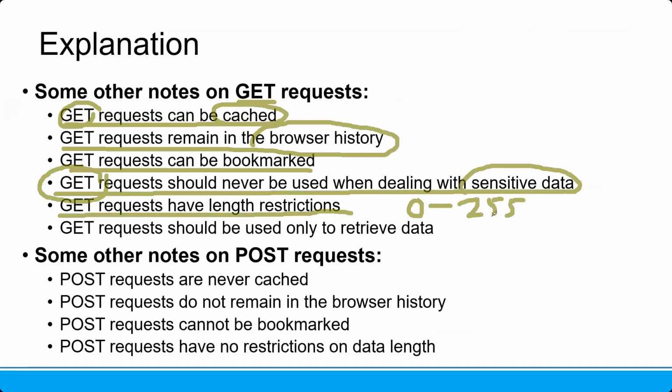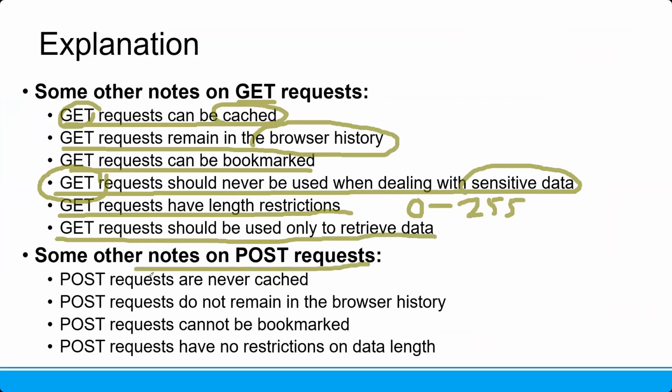But I think it has been extended by the web. And GET requests should be used only to retrieve data, okay? Not to save data, not for sign up, not to enter the data into the database, okay? Only to get the data.